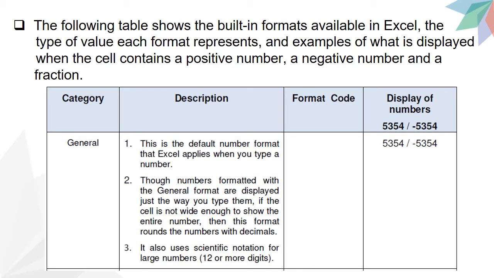It also uses scientific notation for large numbers. The number in the cell would be displayed just as it is if the number is positive, and with the minus sign before it if it is negative.